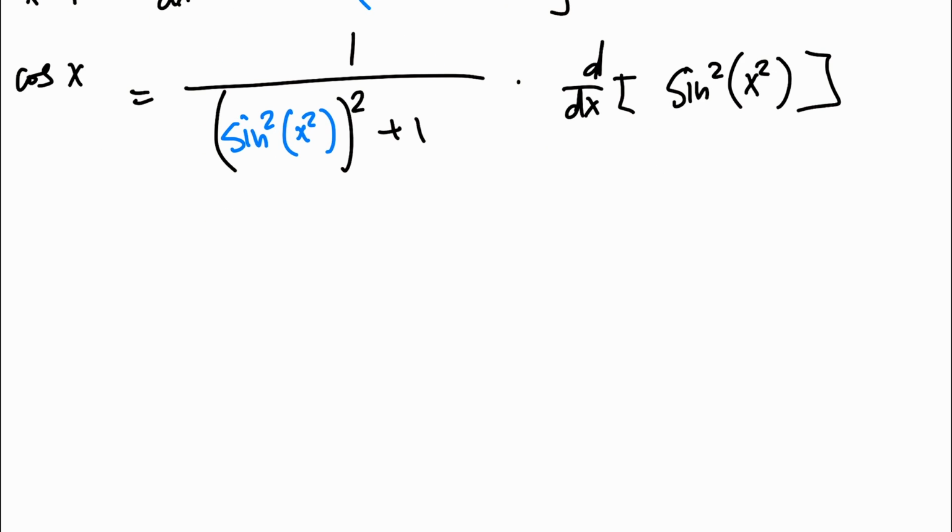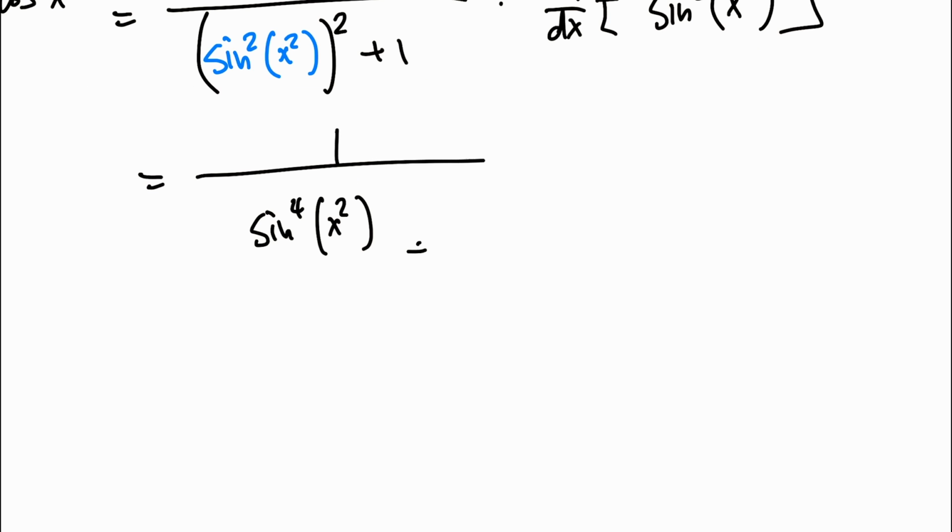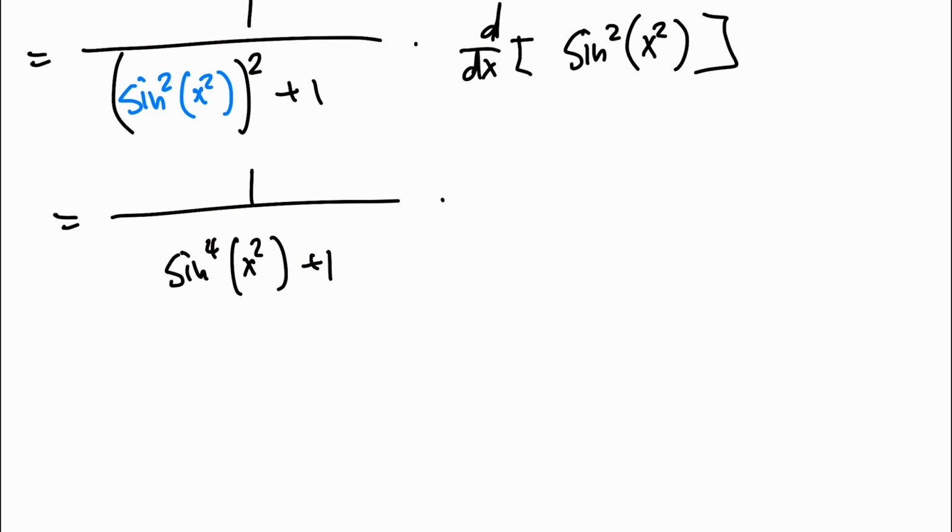What we have over here, we need to use the power rule and the chain rule on this square. We can just write that as the fourth power of sine of x squared, plus 1, and multiply it by the derivative of this thing.